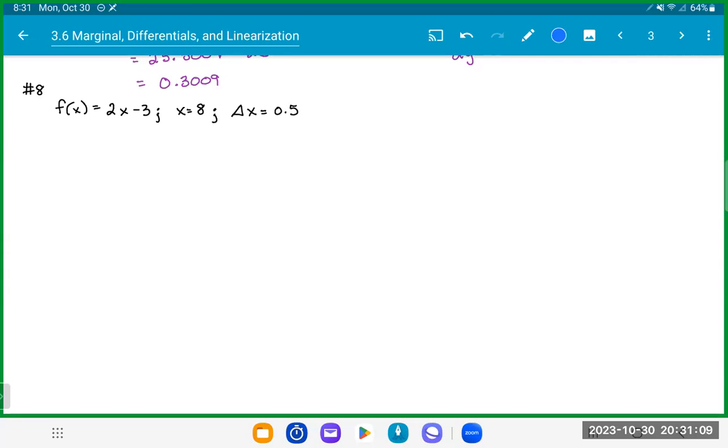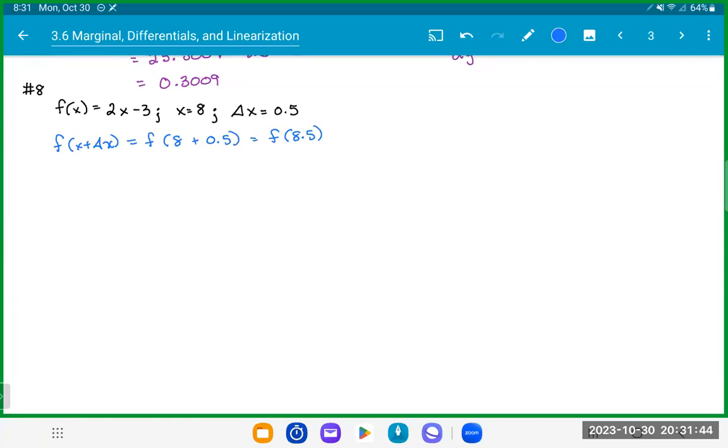Same process: we want to first solve for f of x plus change in x. We have f of x plus delta x, and that equals f of 8 plus 0.5, which is f of 8.5.